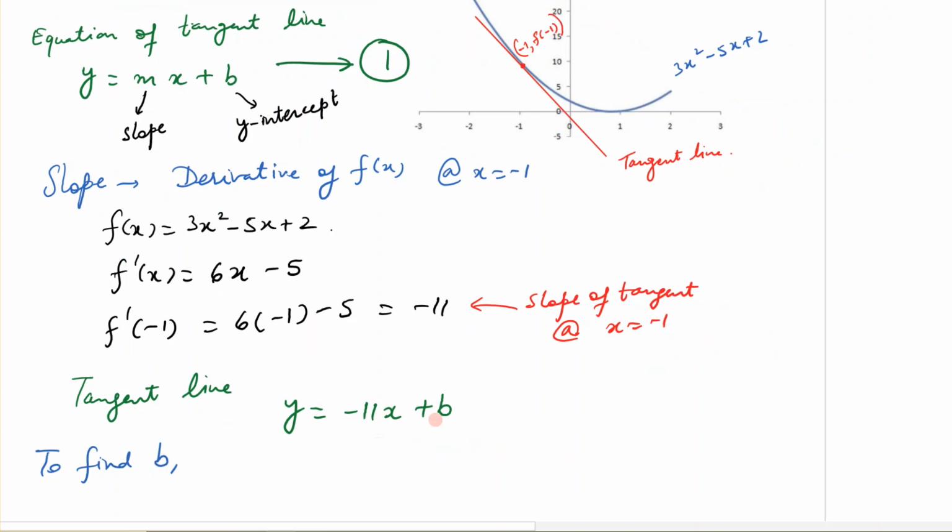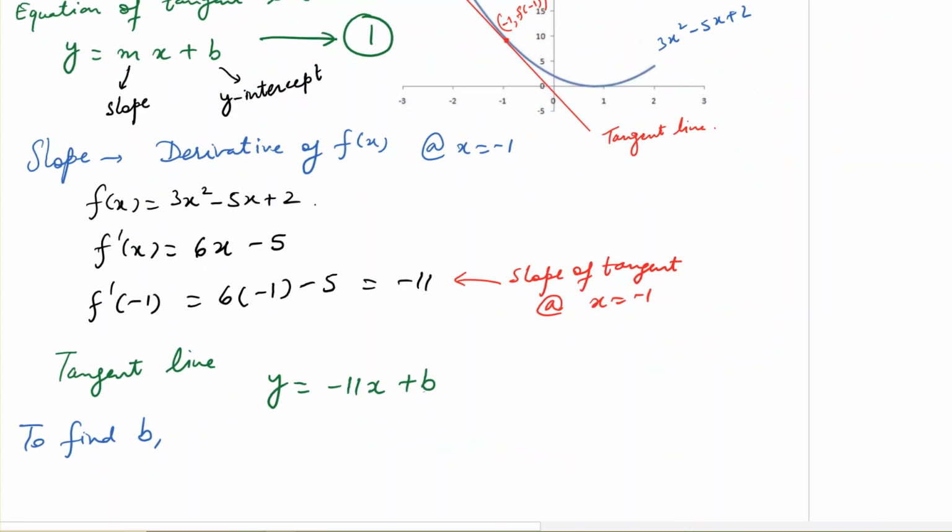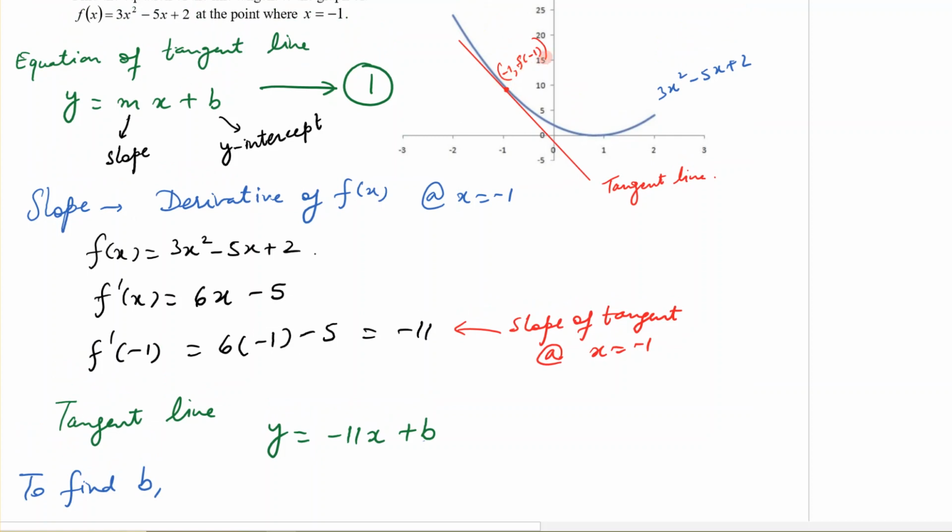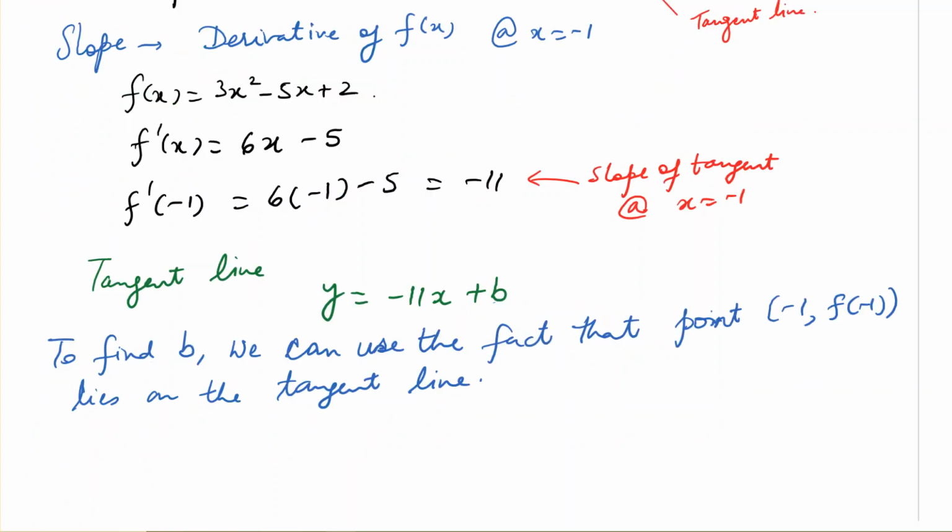To find b, we use the information that the point -1, f of -1 lies on the line, so we can plug these values into the line. First let's figure out f of -1. We plug the value into the given function: 3 times -1 squared minus 5 times -1 plus 2.